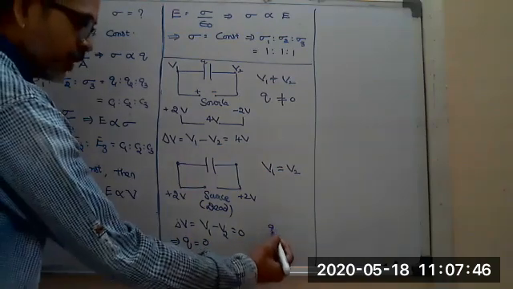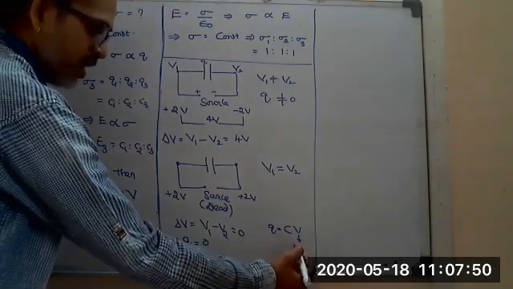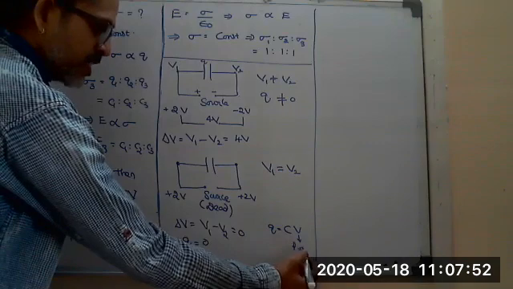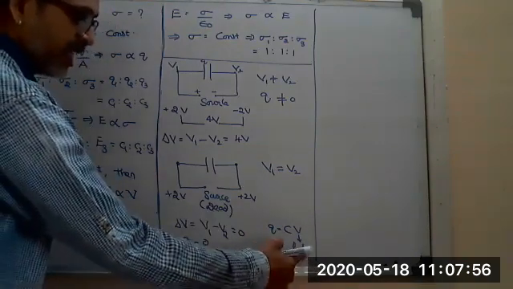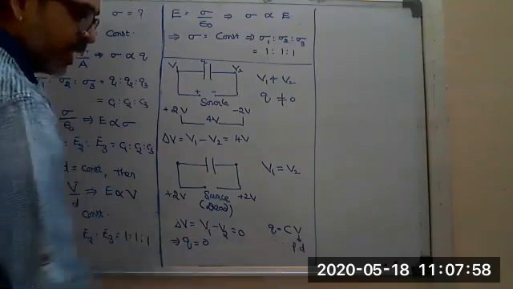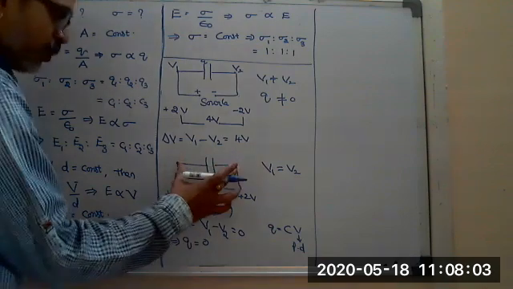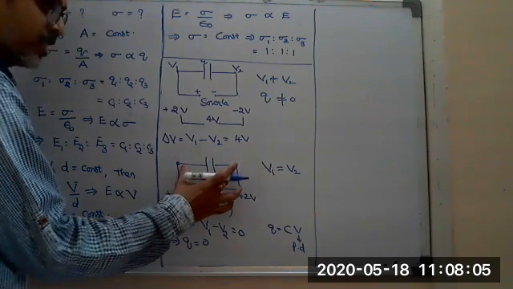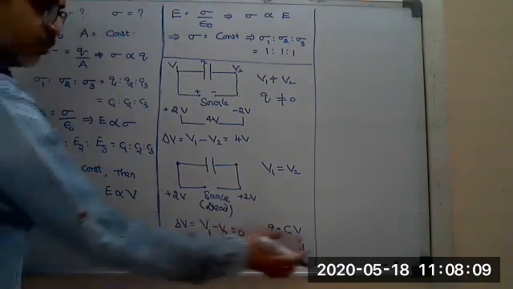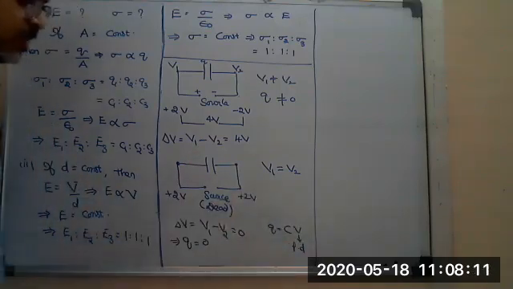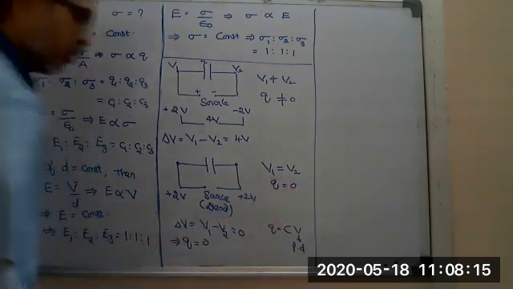Why? Because you get charge according to the formula Q equals C into V, where V is not the potential but the potential difference, PD. P stands for potential, D stands for difference. So you require not the potential across the two ends, you require some potential difference. If that is equal to 0, then obviously Q equals 0. In this case, I am getting Q equal to 0.